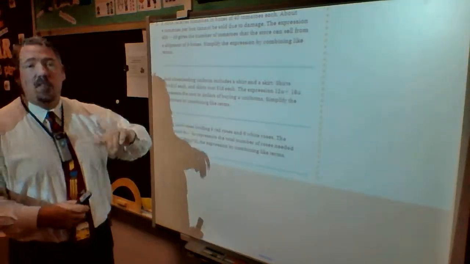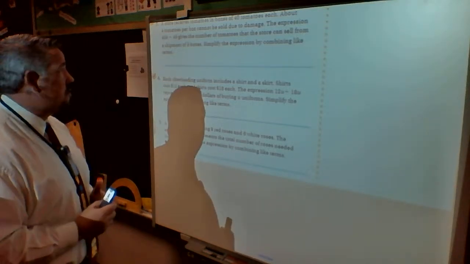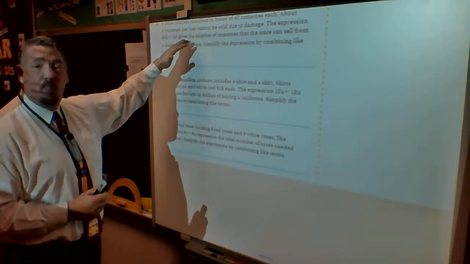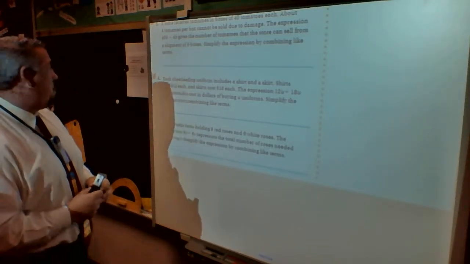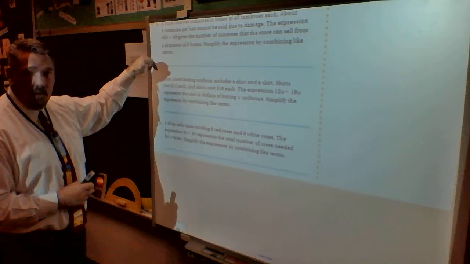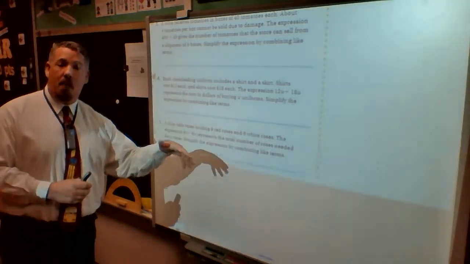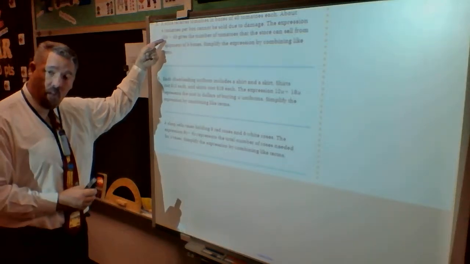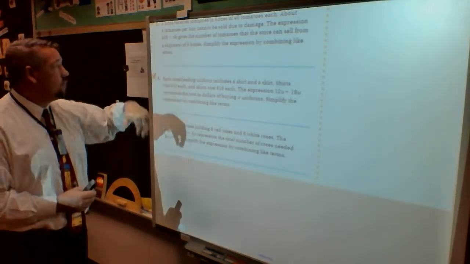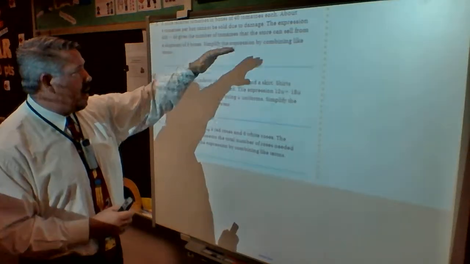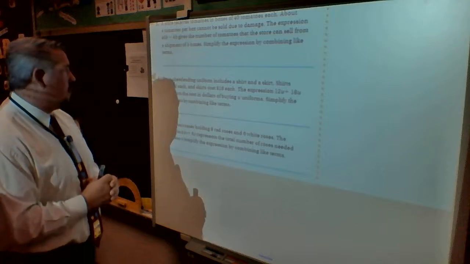A store receives tomatoes in boxes of 40 tomatoes each. About 4 tomatoes per box cannot be sold due to damage. The expression 40b minus 4b, where b is how many boxes, gives the number of tomatoes that the store can sell from a shipment of b boxes, however many boxes they ordered.